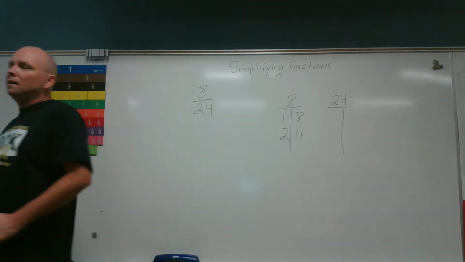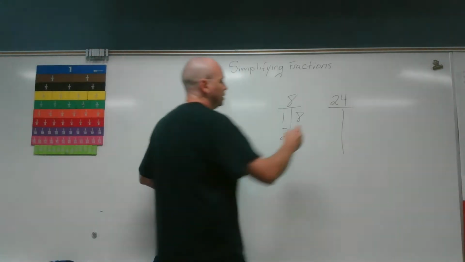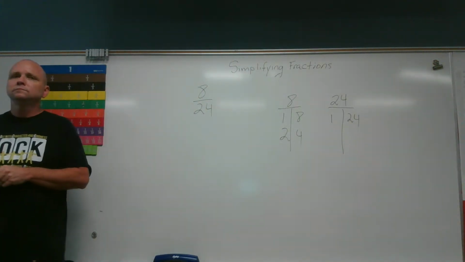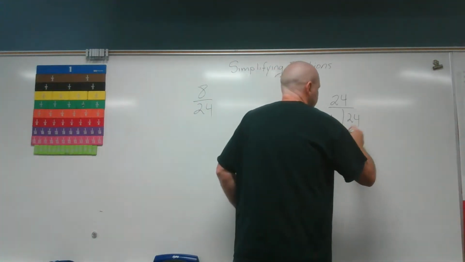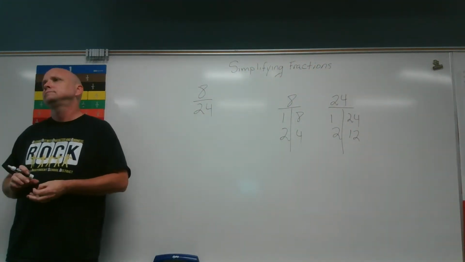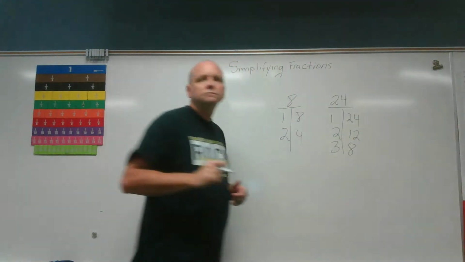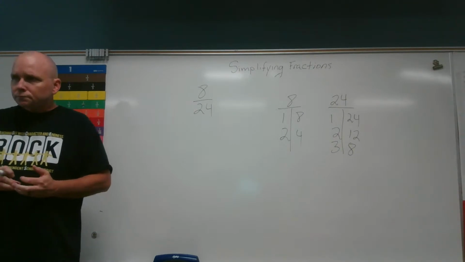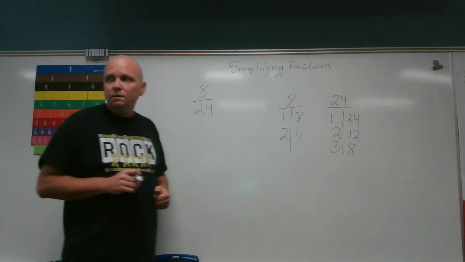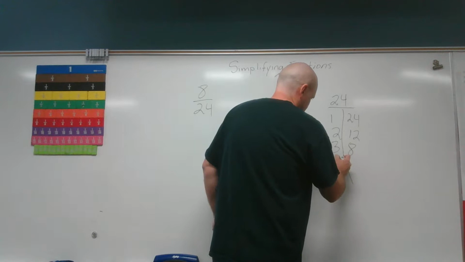And Jacob M., the factors for 24. 1 and 24. Good. 2 and 12. Good. 3 and 8. Good. It's got 2 and 3 as factors, so it also has to have 6 and 4.